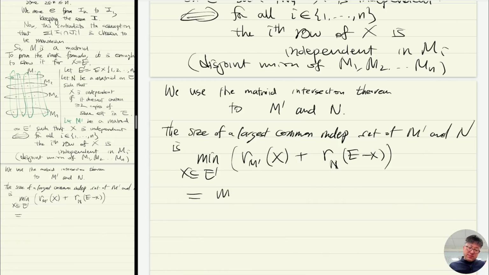Now I can think of X as just a collection of n subsets of E. So Y1 is from the first layer, Y2 is from the second layer, etc.